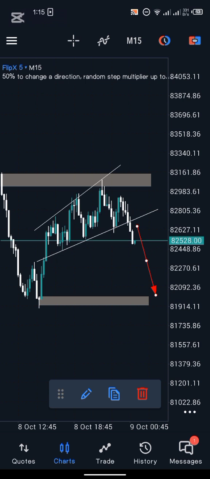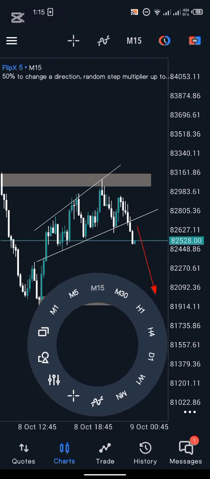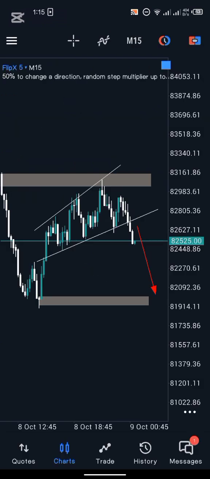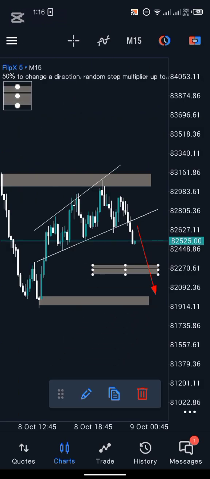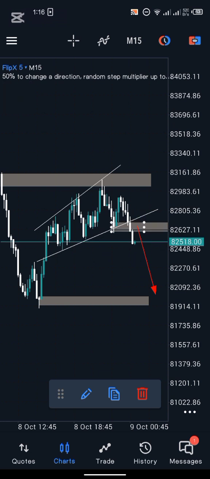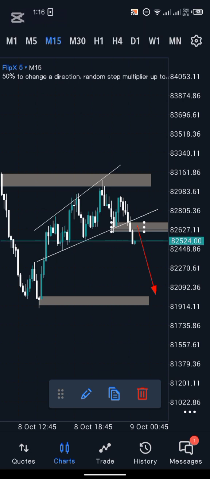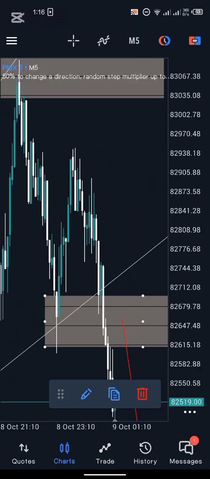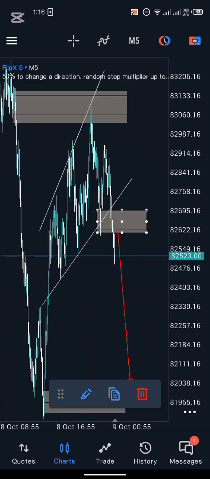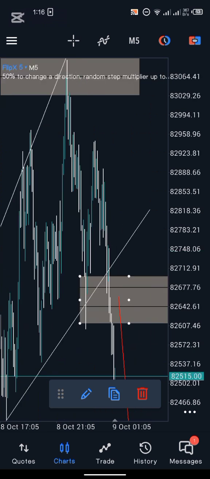We are not just entering blindly. We need to know where we'll enter, and we have to have an exit plan in case things don't go our way. So for now, we know that price will be reacting at that point, right? So we will be waiting for price to reach there before we enter.